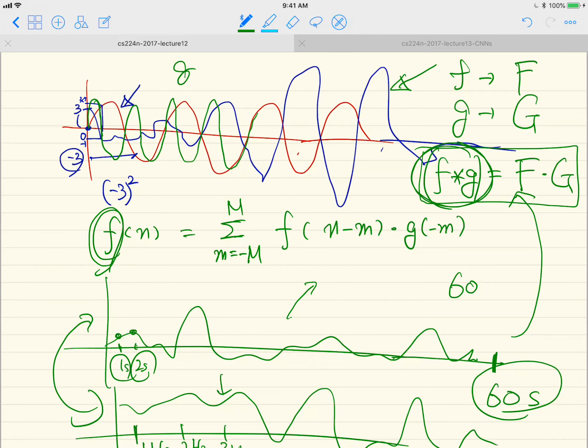But what's the difference between the MFCC and the spectrogram?